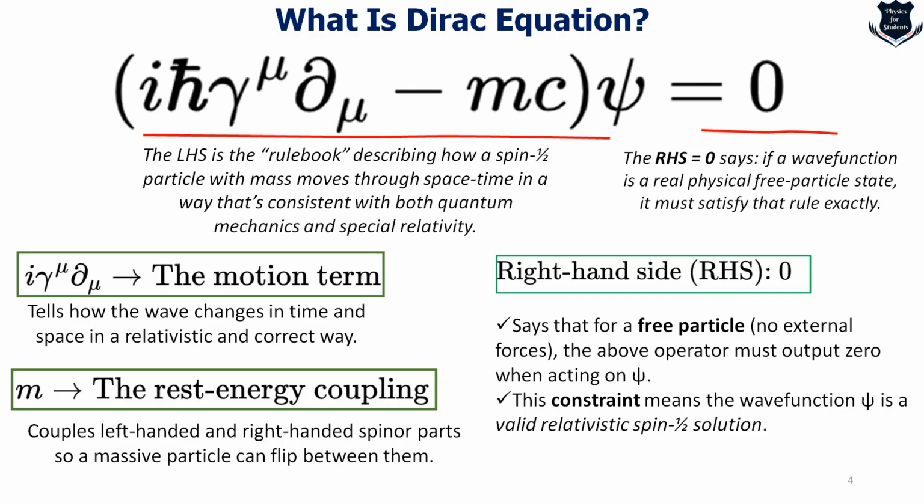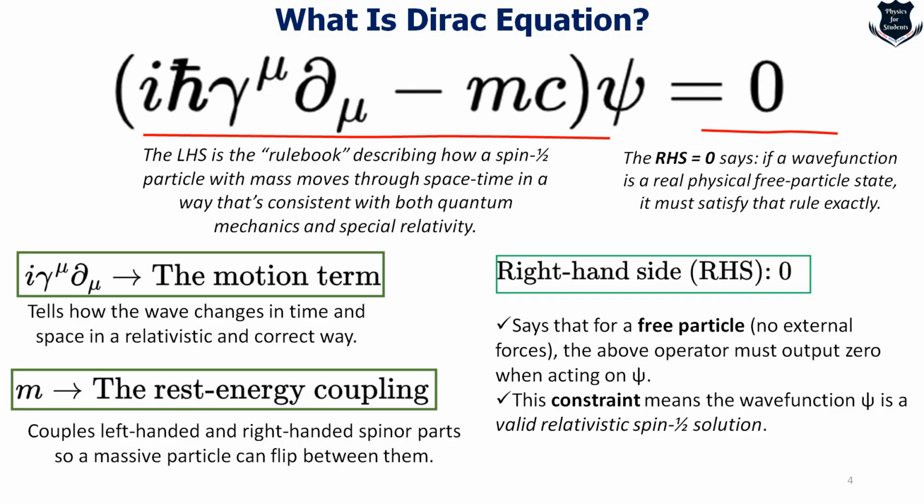It is the particle's own intrinsic behavior which brings out all of the motion and the statistics in the equations that we will soon look at. So the right hand side is 0, which means it's a real physical free particle state, and it evolves out of its own nature.